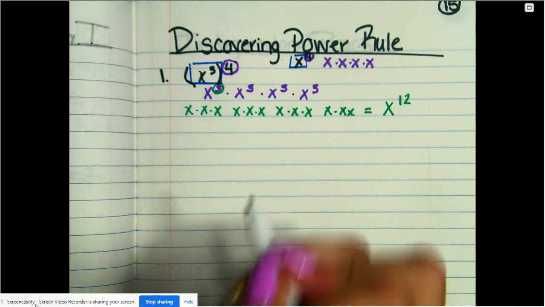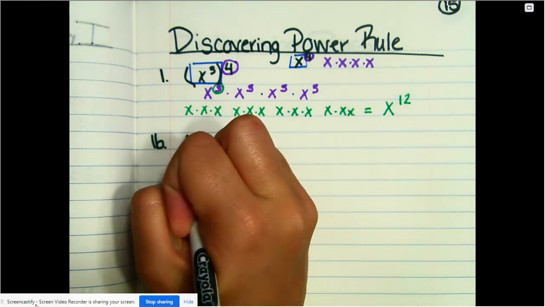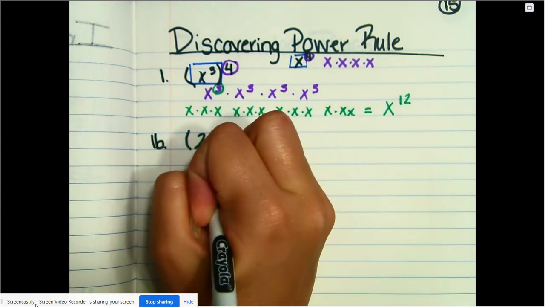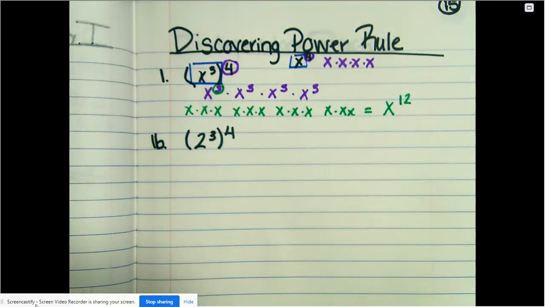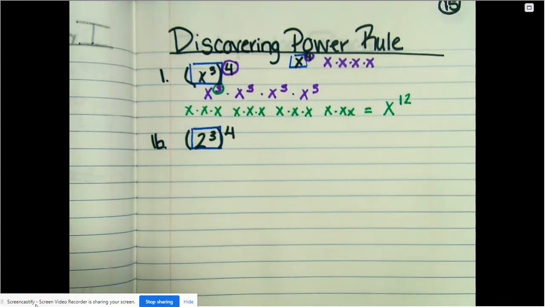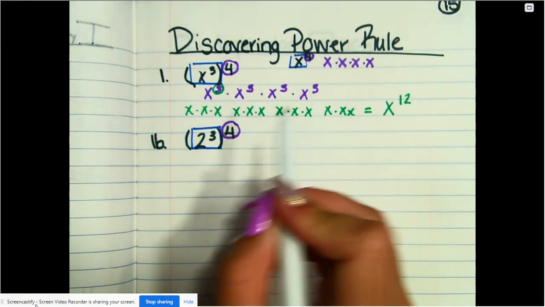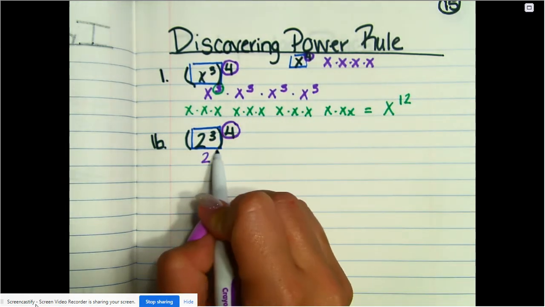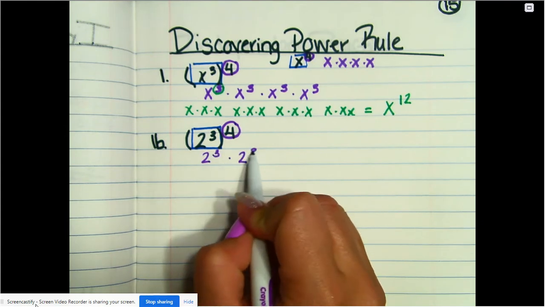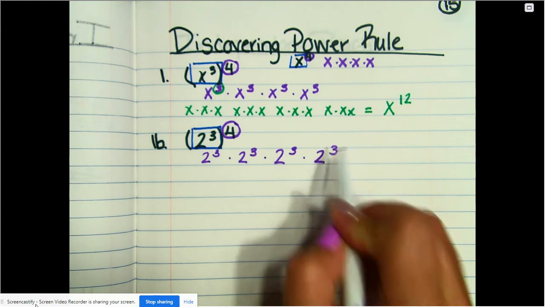Okay, now let's do this one, 1b, with a number in it. Let's take 2 to the third power and raise that to the fourth power. Okay, same concept. This here is still your base. It just has a power in it now. And 4 is your exponent. So we're going to write out 2 to the third power 4 times. 2 to the third times 2 to the third times 2 to the third times 2 to the third.